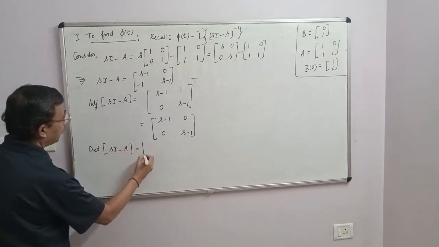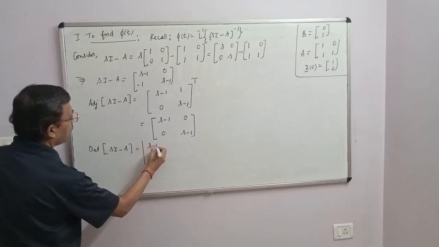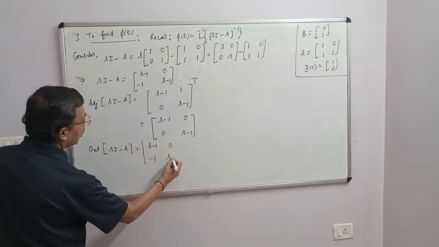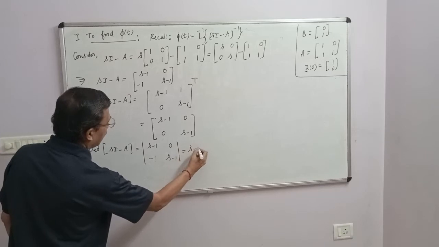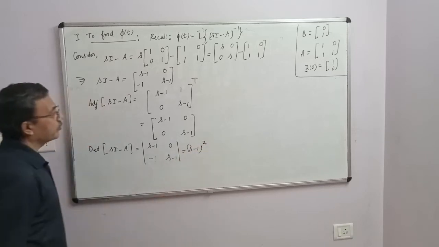What is the determinant of sI minus A? The determinant of [s minus 1, 0; minus 1, s minus 1] is nothing but (s minus 1) whole square.